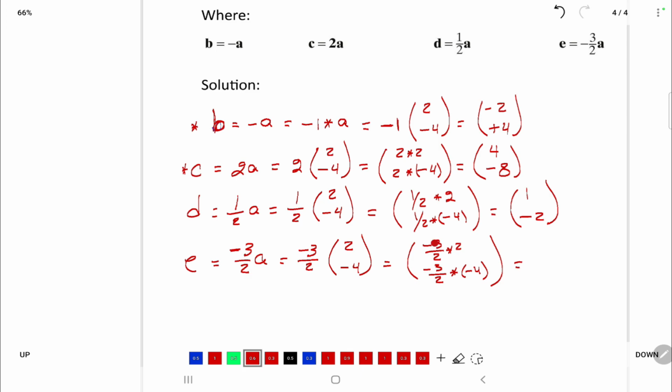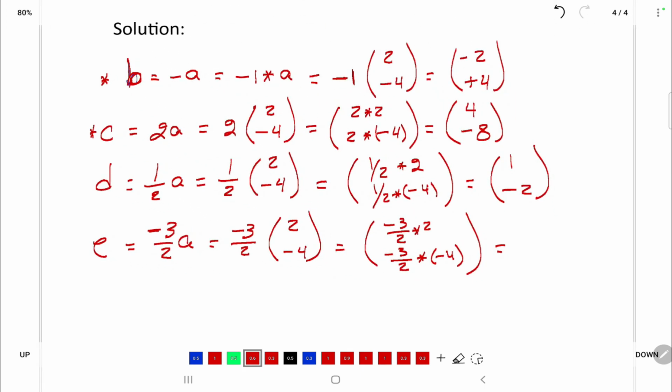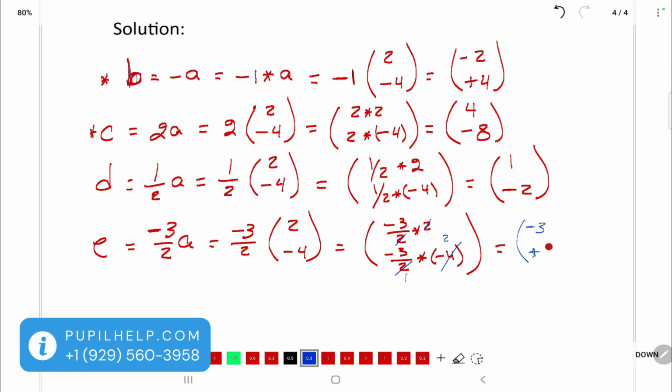Now, minus 3 over 2 with this 2, they cancel out, and it will leave only minus 3. And this one, minus by minus, so I put plus, 3 over 2 multiplied by 4 gives 3 multiplied by 2, it will be 6.